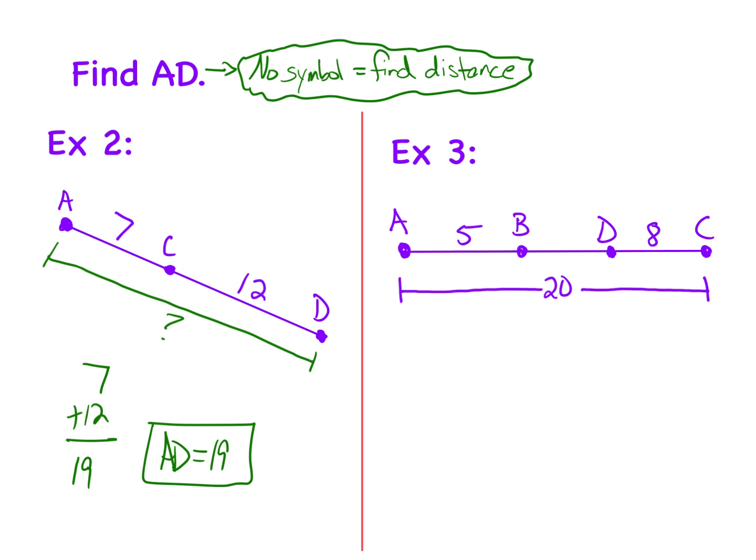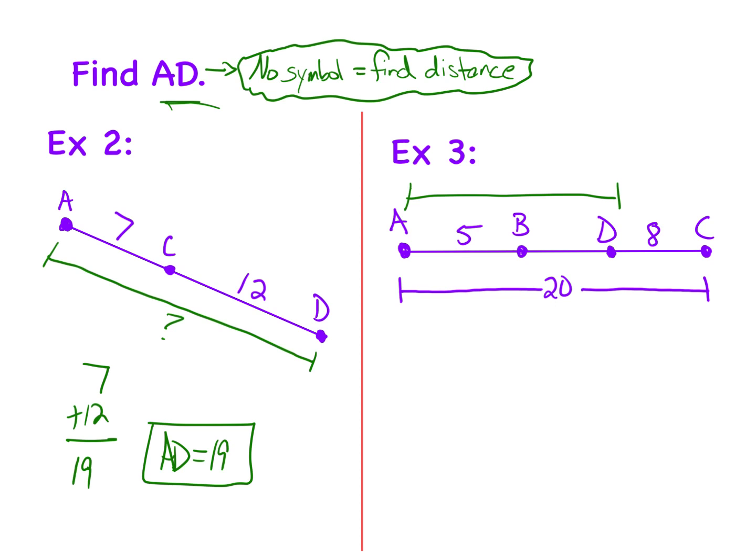Next, example 3. Once again, we're finding A to D. Can I just add it on this one? What am I adding?